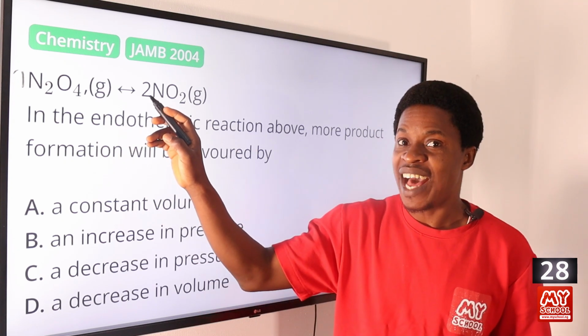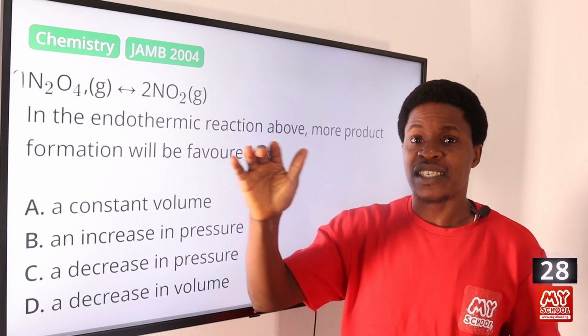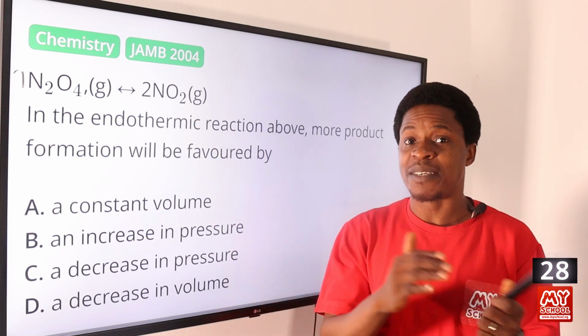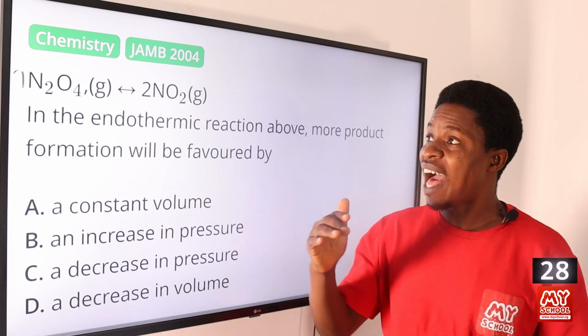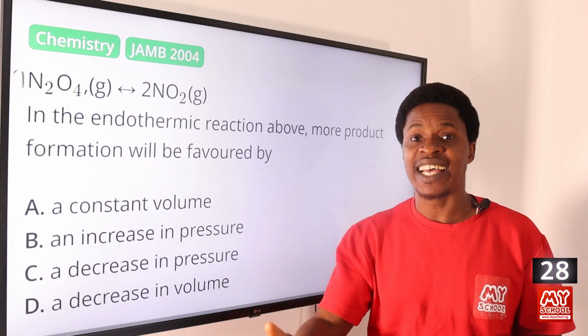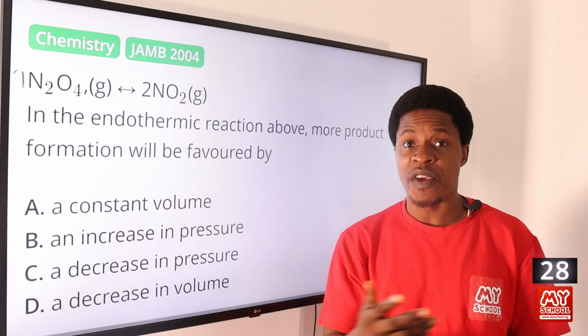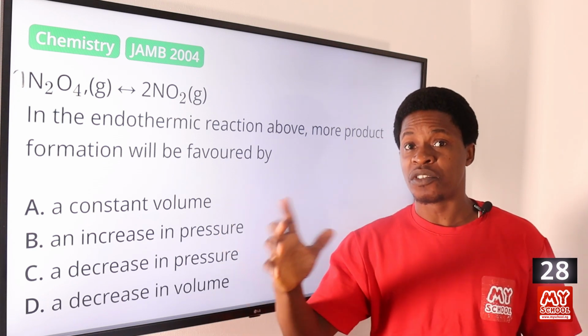2 moles, okay? And what does Le Chatelier's principle say? It says that between the reactant and the product, the one that has the lesser total number of moles will be favored by an increase in pressure. I'm going to say that again.